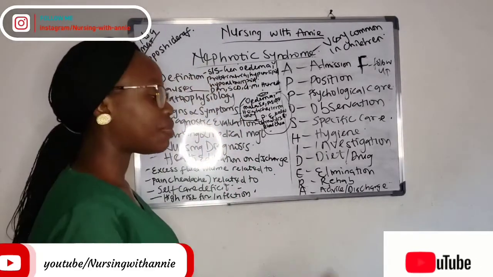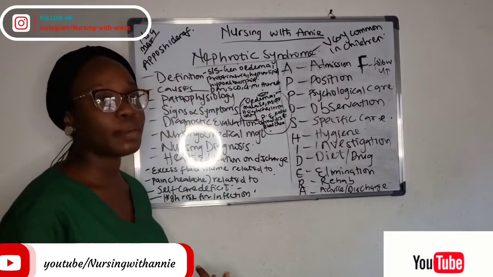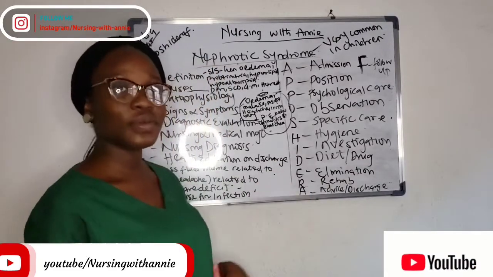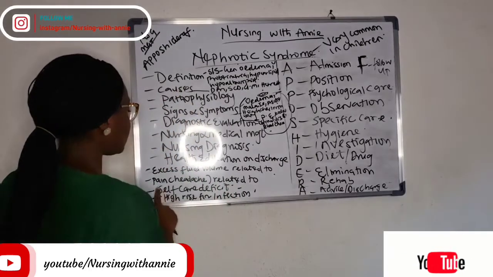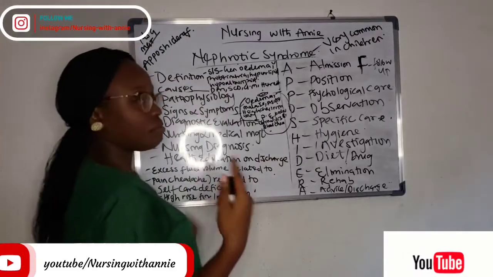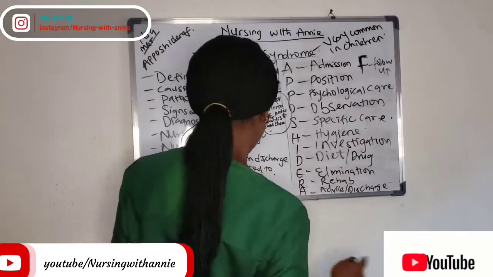One thing that comes with pain, the evidence you use to know that someone is in pain is either the person verbalizes it or the person's facial expression is not good. So you should also know that patient's pain related to malfunction in the CNS, evidenced by patient verbalization or patient's facial expression.